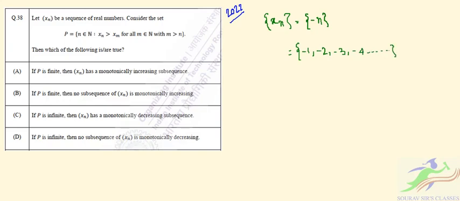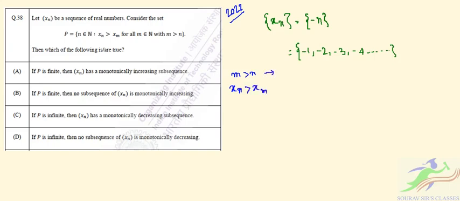Now we have this condition: m greater than n and x_n greater than x_m.